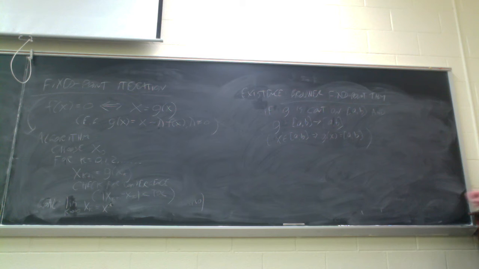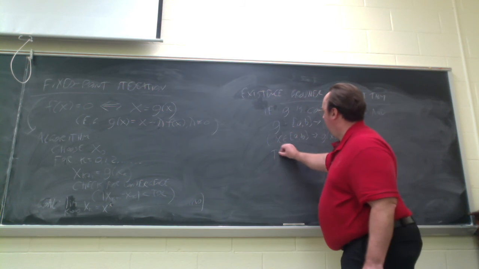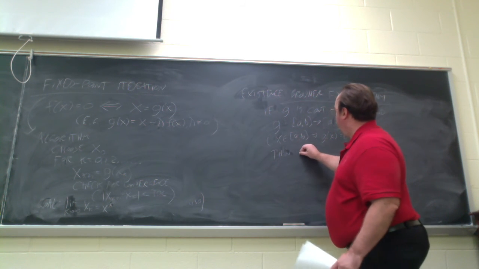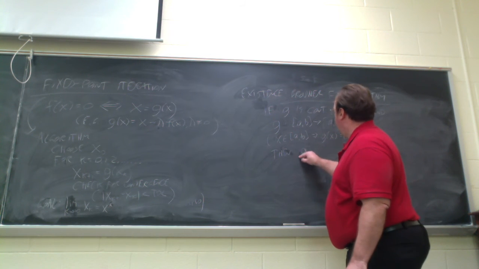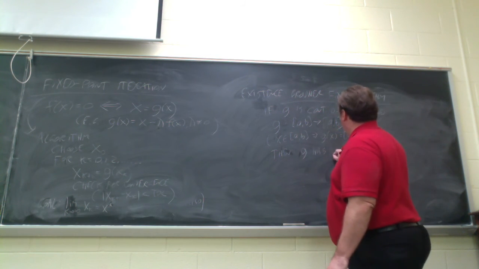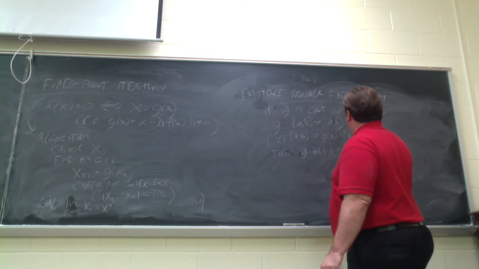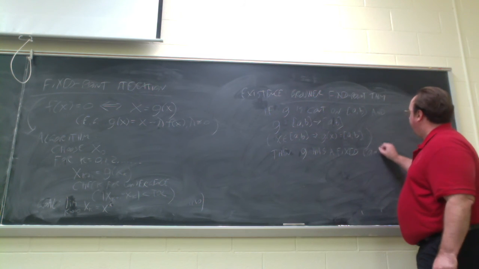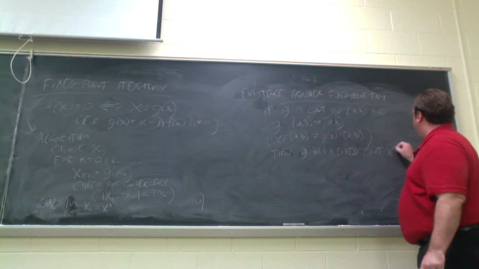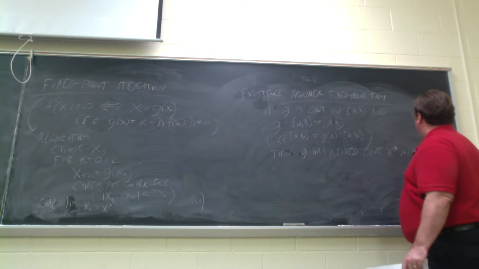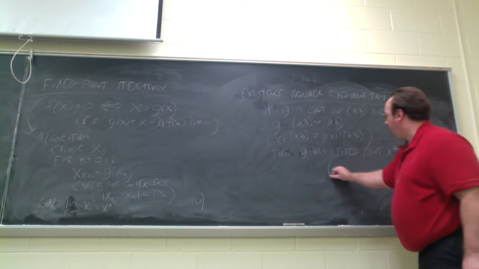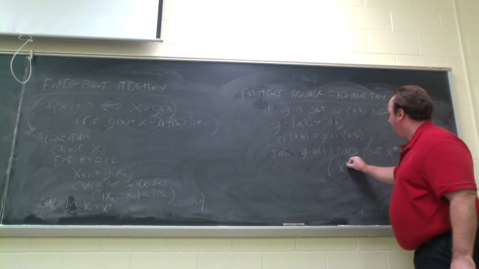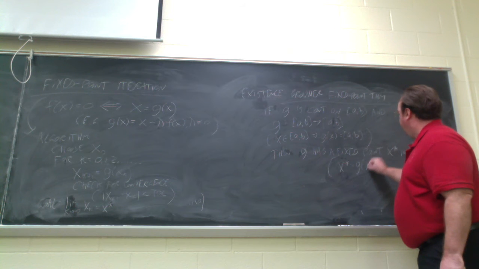So if that happens, then g has a fixed point x star in the interval [a,b]. So in other words, x star is equal to g of x star.